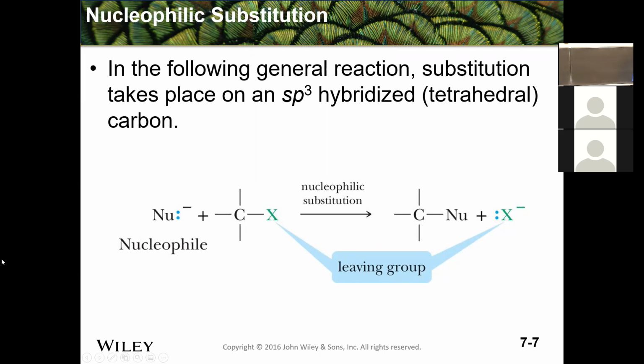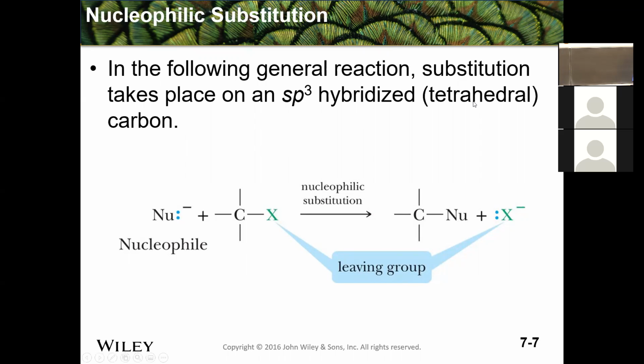We have some nucleophile, some electron pair donor, displaces a halide ion, and we end up with a product that has the same bond order. So there's all single bonds in the starting material and in the product.